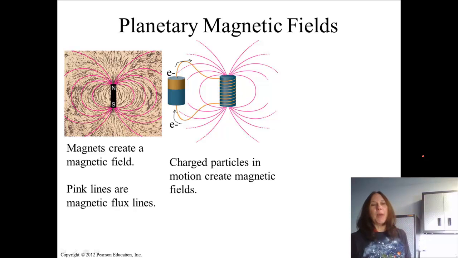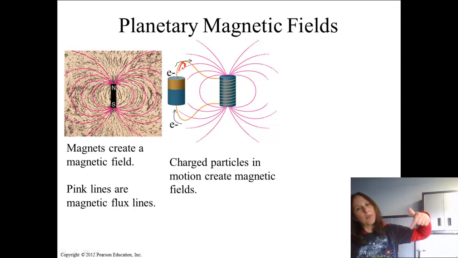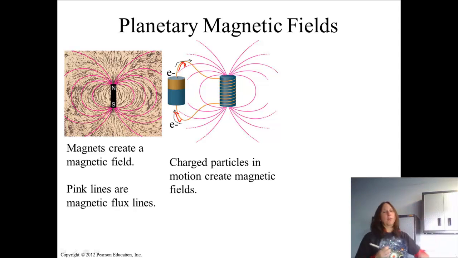If we look at this battery here, one thing that batteries are good at is, if you connect a wire from one end to the other, electrons will flow out and then back in. You can see an arrow showing electrons going out and electrons coming back in through that copper wire.